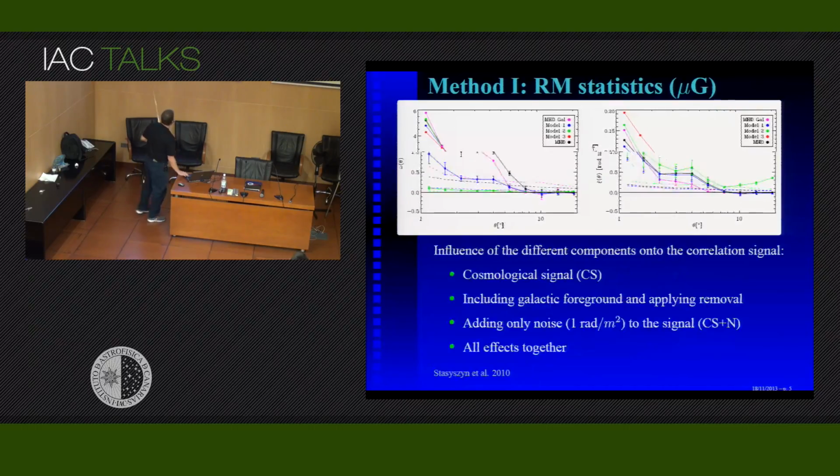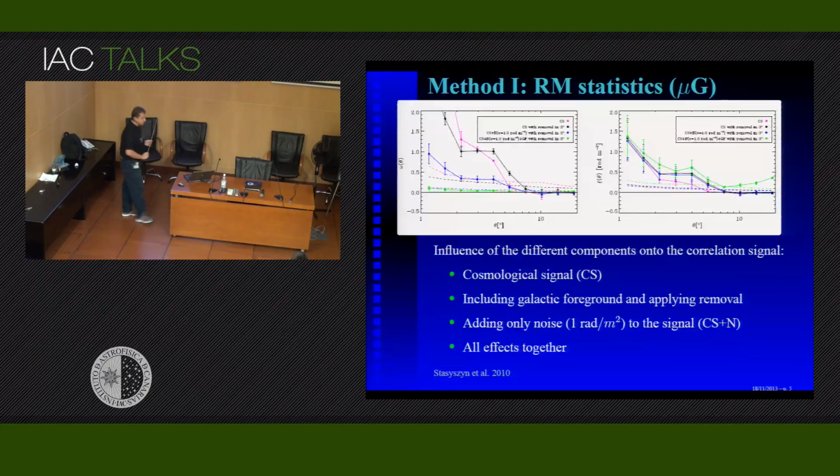Now the problem is, if you add foreground and noise, and the cosmological signal, it turns out that the normalized one is heavily influenced by the galactic foreground. The signal dies out completely due to noise and foreground.